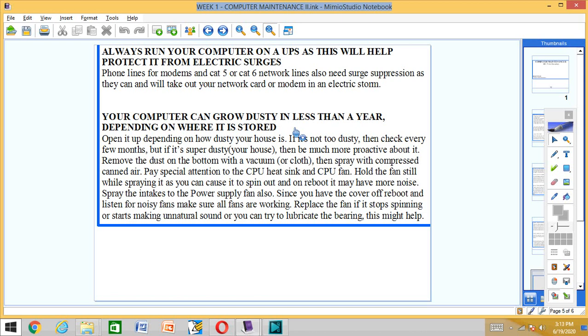Next, your computer can easily grow dusty within a short period of time. It is advisable to predetermine periodically when to maintain and remove the dust from the device.